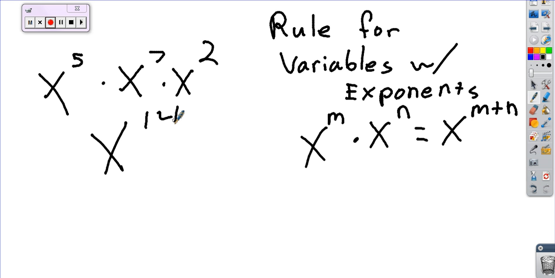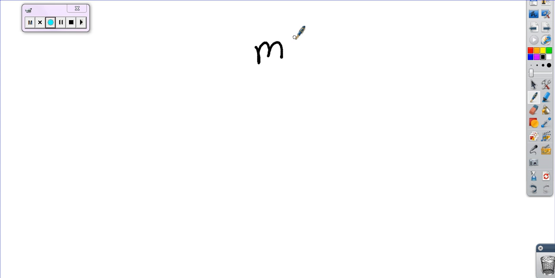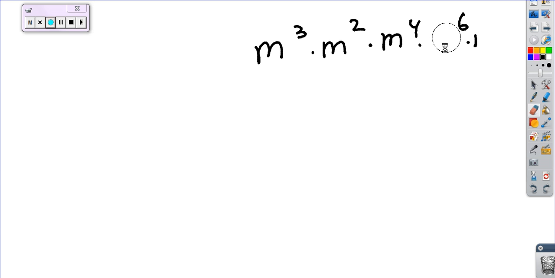Okay, easy enough? So let's try another one. Just as easy. m to the 3rd times m squared times m to the 4th times n to the 6th times n to the 7th.